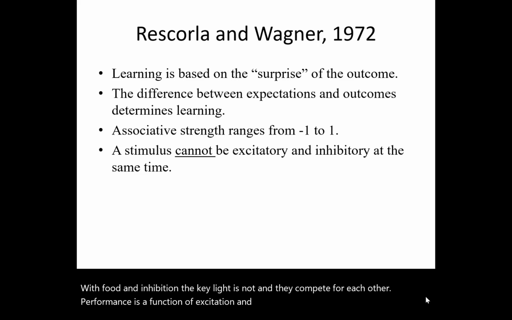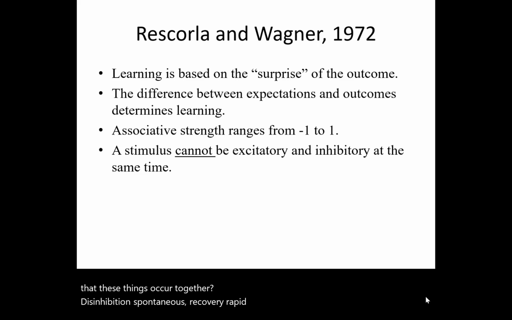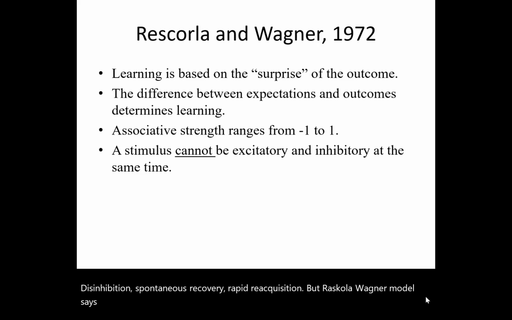What evidence did Pavlov have that these things occur together? Disinhibition, spontaneous recovery, rapid reacquisition. But the Rescorla and Wagner model says no. At the end of extinction, there is no association.